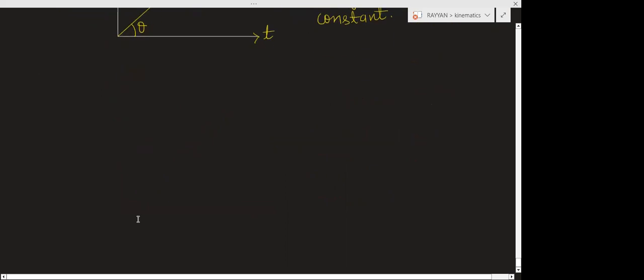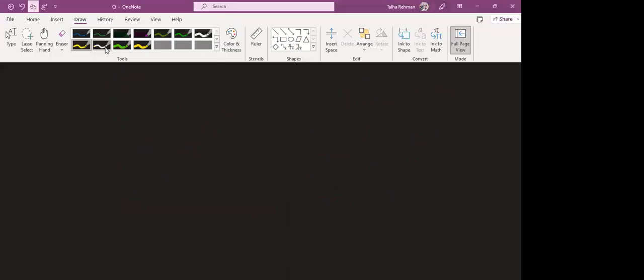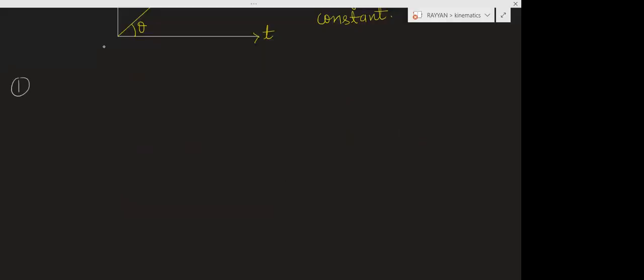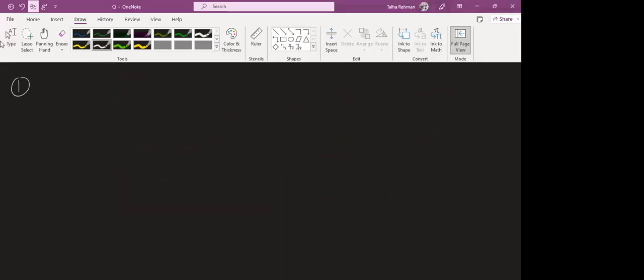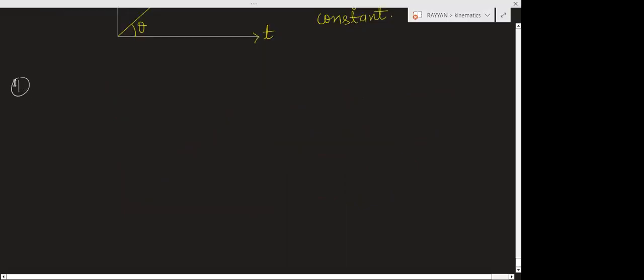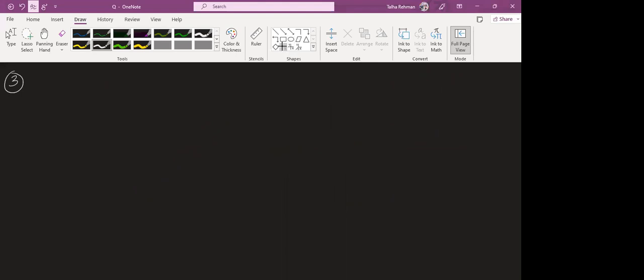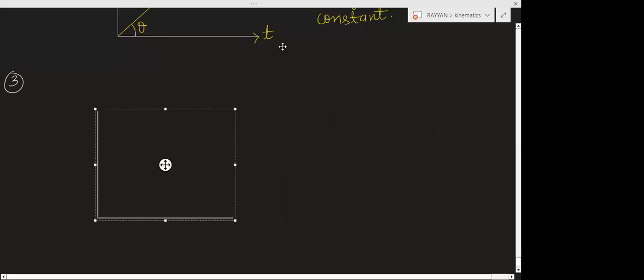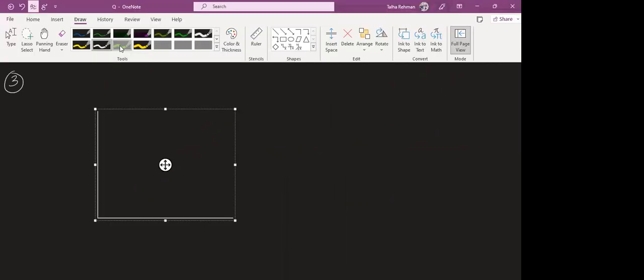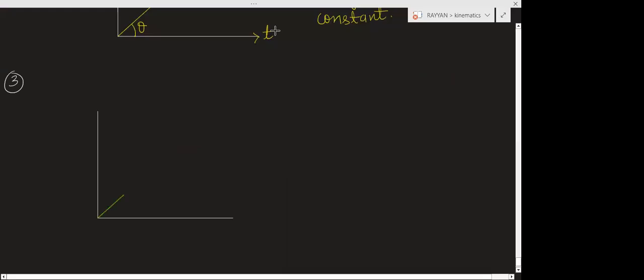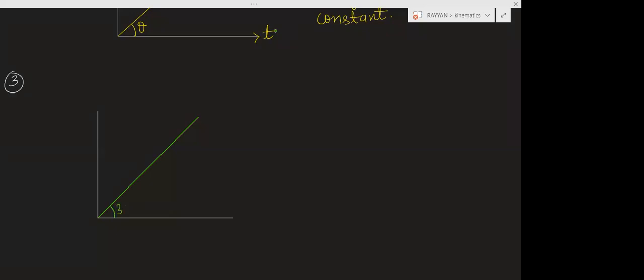Okay, so taking one example. This will be the graph number 3rd, I think. This is the graph, and this angle is suppose 30 degree.